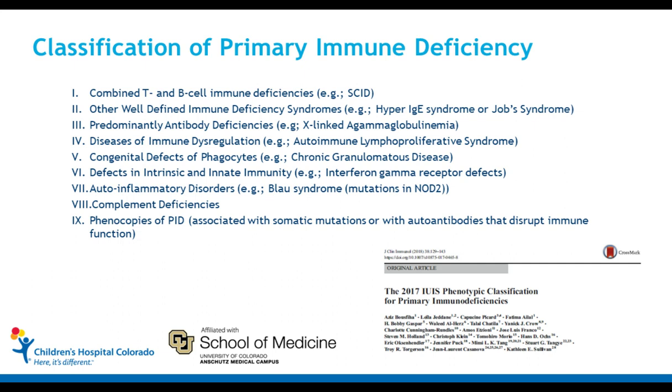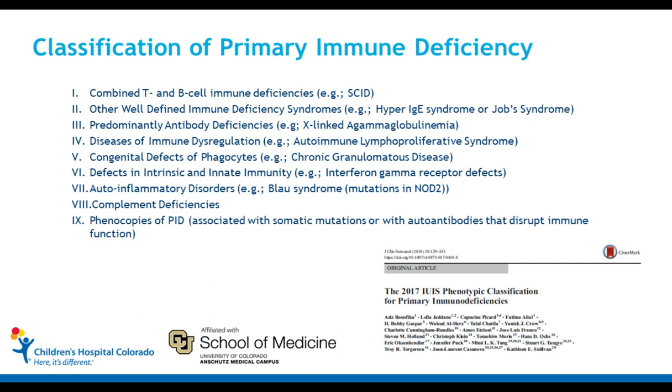The third category, predominantly antibody deficiencies, and the prototypic antibody deficiency is X-linked agammaglobulinemia that we will touch upon. The fourth category contains diseases of immune dysregulation, and an example here is autoimmune lymphoproliferative syndrome. The fifth category is congenital defects of phagocytes, so chronic granulomatous disease, which we discussed a few minutes ago and will touch upon under laboratory diagnostic strategies.